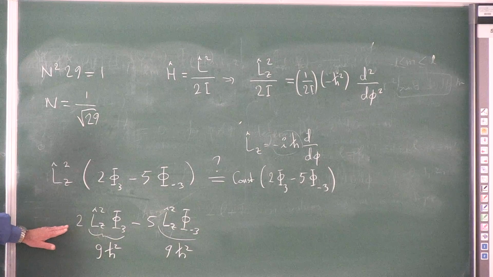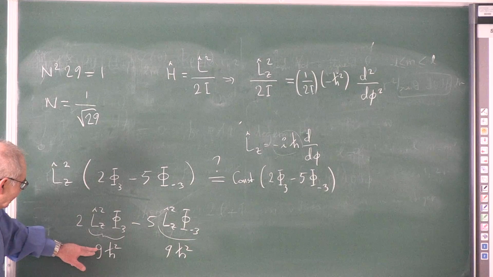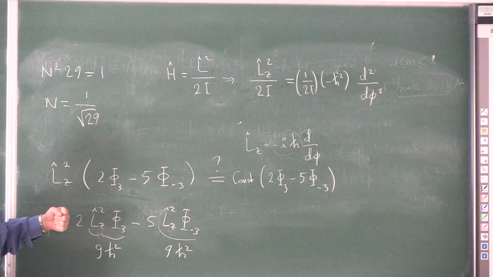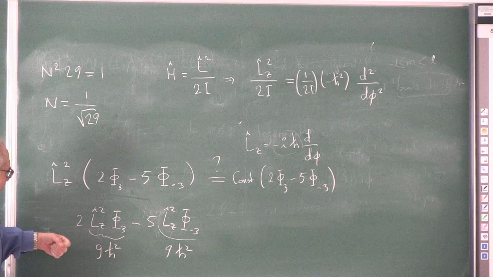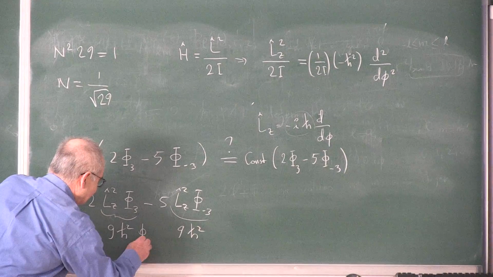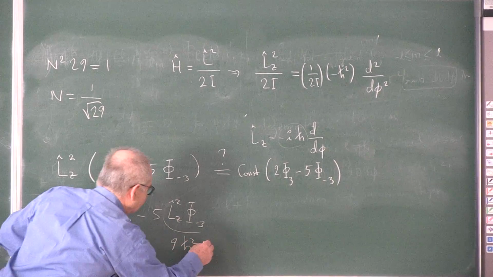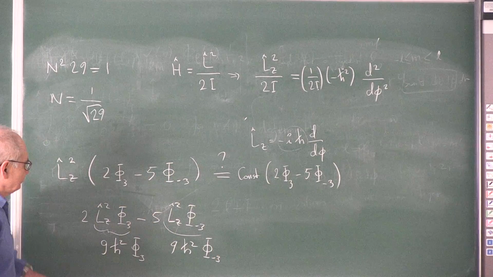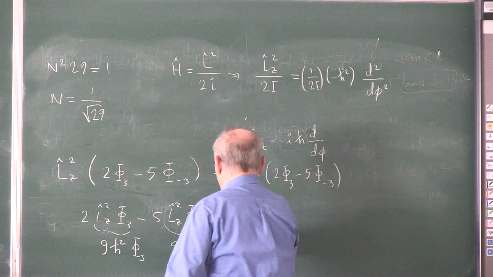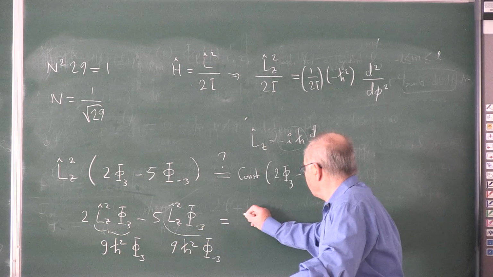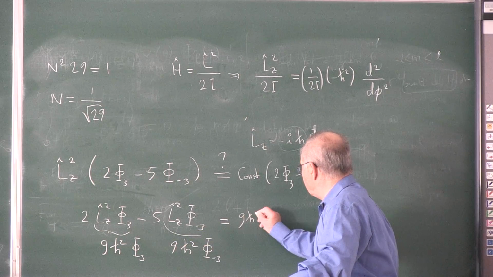Okay. Now we see that 9 times h bar square can be factorized. This is 9 times h bar square times phi 3. This is times phi minus 3. Nine times h bar square.